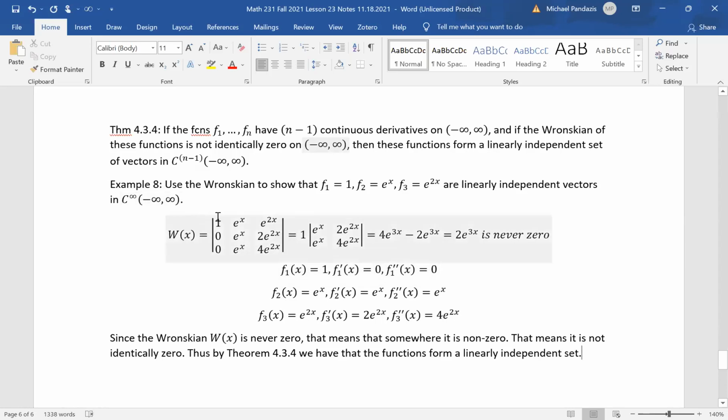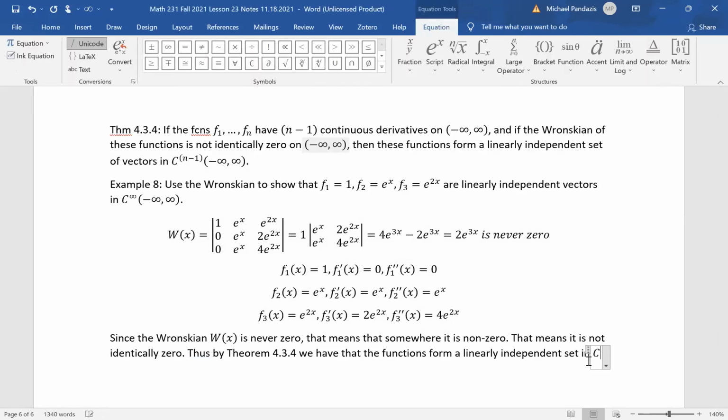Oh, yeah, C infinity there. So actually, technically, the theorem would tell you it's in C2, so that the functions form a linearly independent set in C2 of negative infinity, comma infinity.